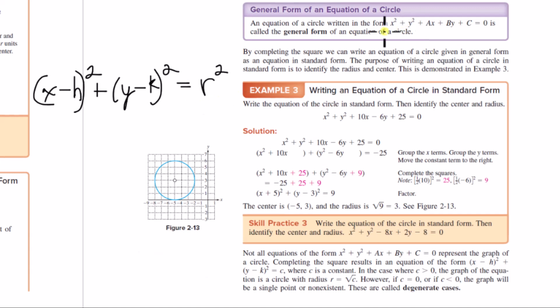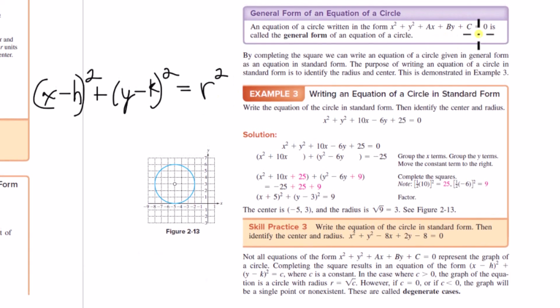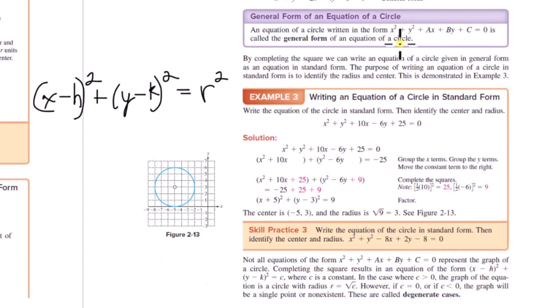The majority of the time, if you have an equation in the general form like this, it does represent a circle, but sometimes it doesn't. So if we start with an equation in the general form and want to convert it to the standard form like we just did with this equation here.